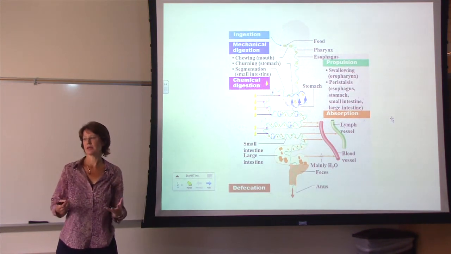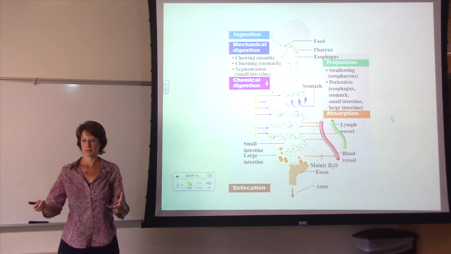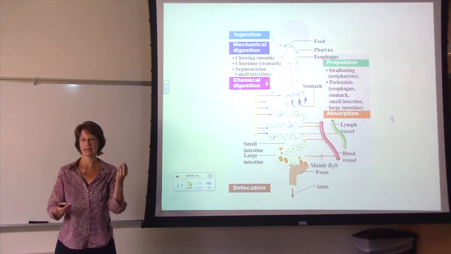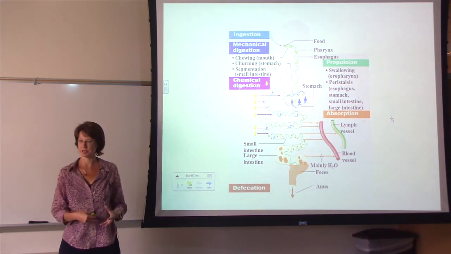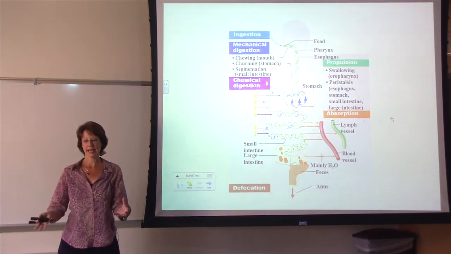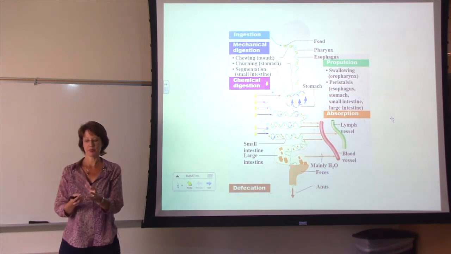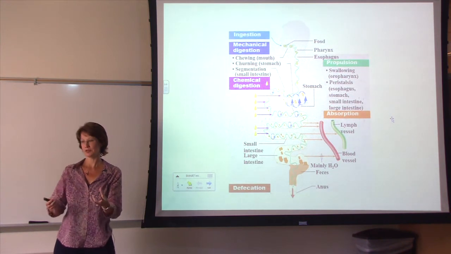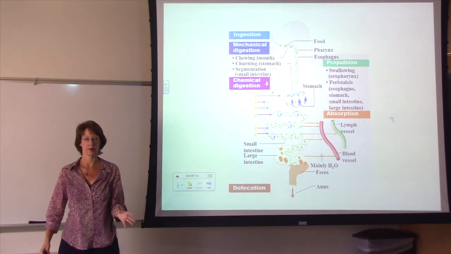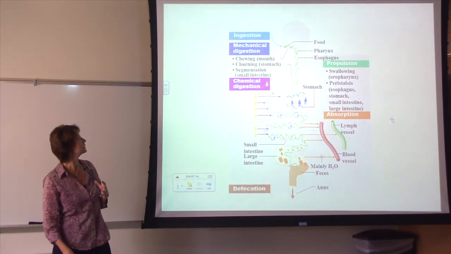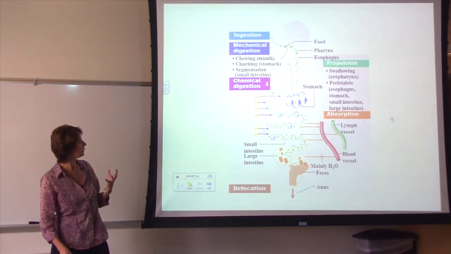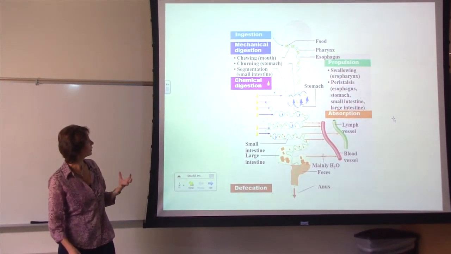And fats, because they're insoluble in the aqueous solution that is your saliva and your stomach juices, will tend to clump together. So you end up with these big globules of fats that are trying to get away from everything else through the process of mechanical digestion in the mouth and in the stomach.